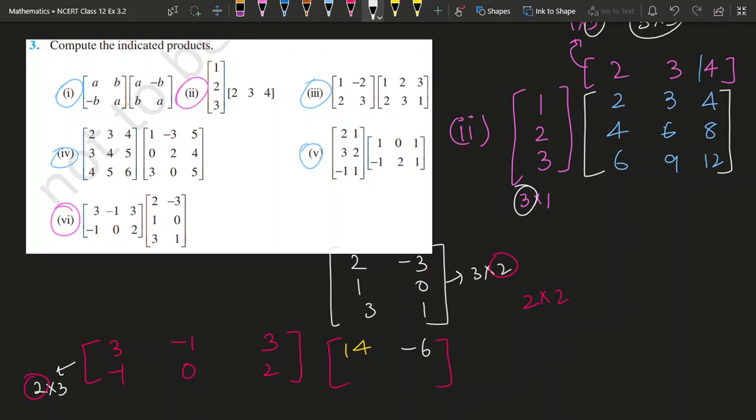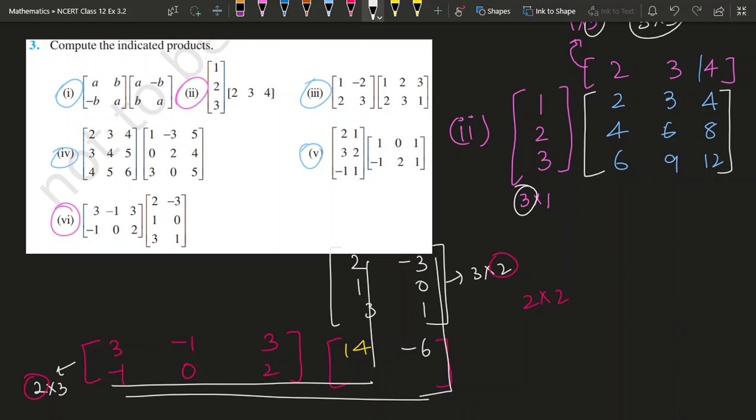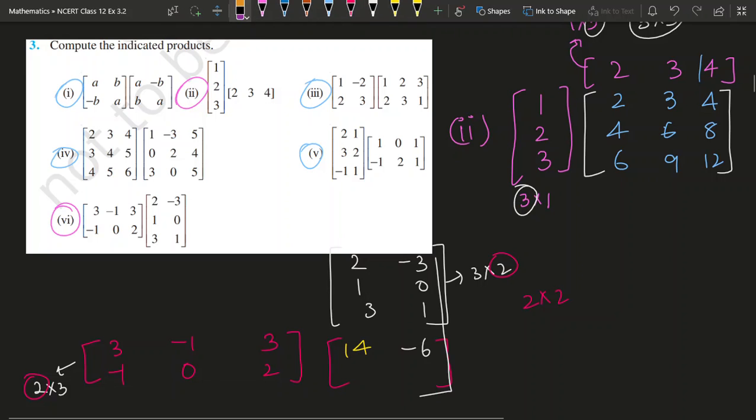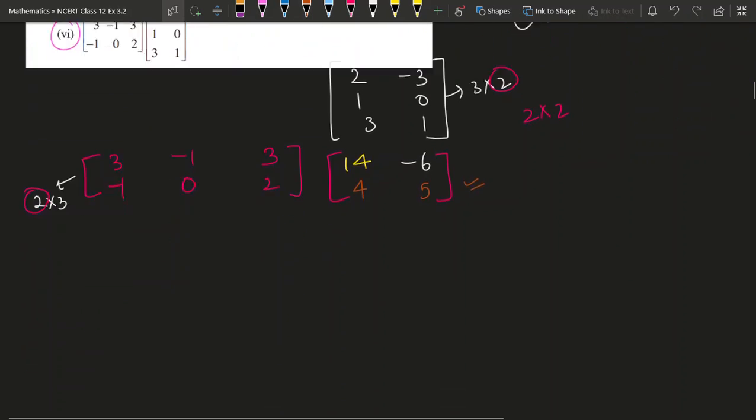And you can do the same thing for all of these entries as well, and I hope that you will get the right answer. Basically the answers you will get here will be negative 2 plus 6, so that's 4, and 3 plus 2, that will be 5. So that will be your answer. You can try that on your own.